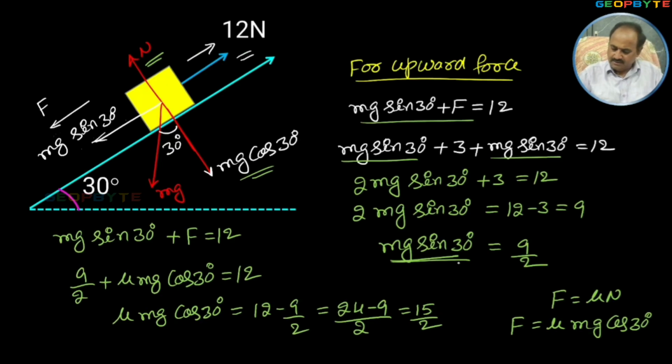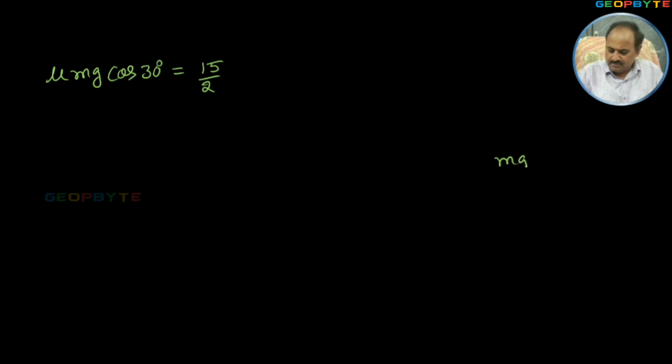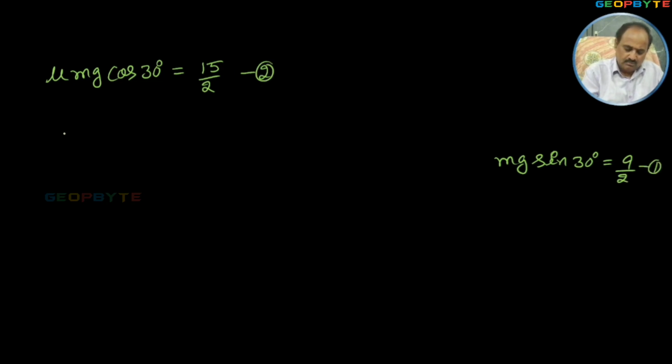And mg sin 30 equal to 9 by 2. Let this be equation number 1 and that be equation number 2.